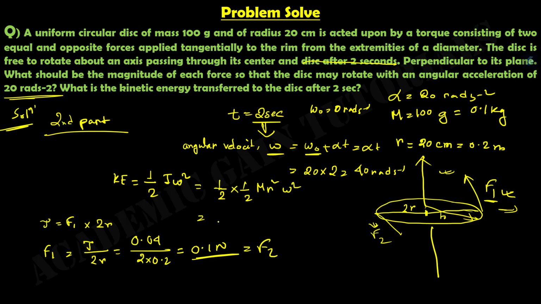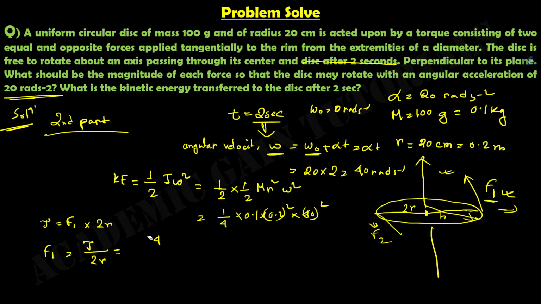If I put all the values, I get 1 by 4, m is 0.1, r is 0.2 whole square, and omega is 40 square. So the kinetic energy will be 1.6 joule. So this is the kinetic energy transferred to the disk after 2 seconds.